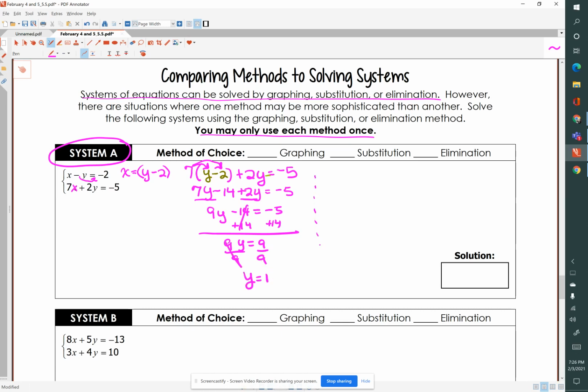Now I will take the 1 and substitute it into this equation right here. So I will have x equals 1 minus 2, and x equals negative 1. So our ordered pair is negative 1, 1.